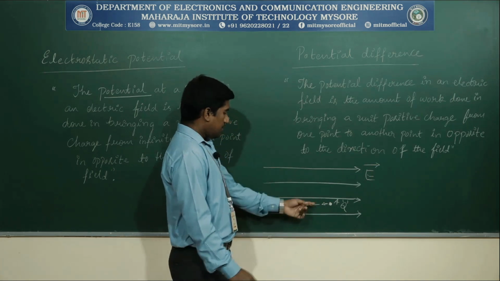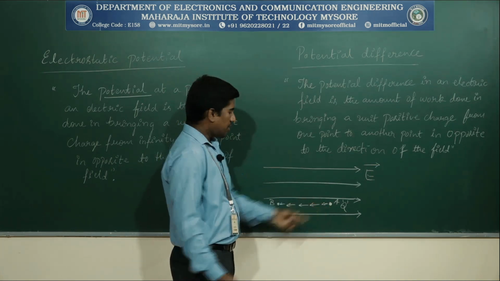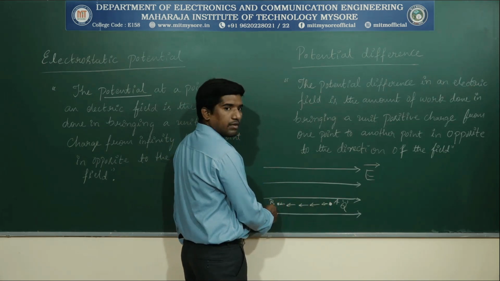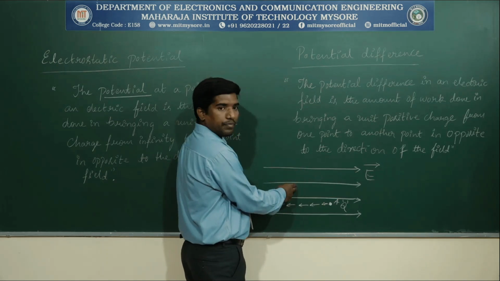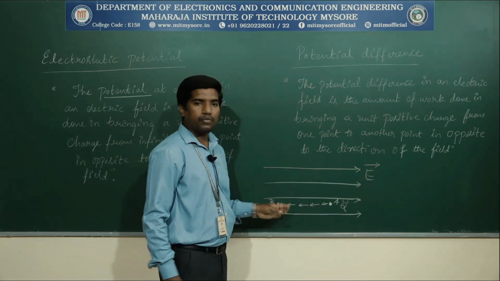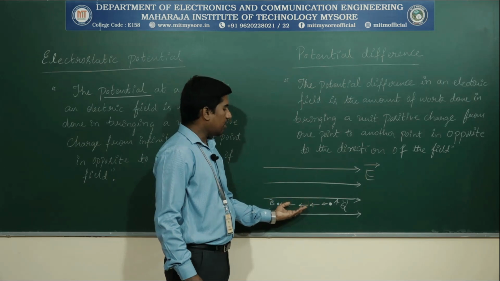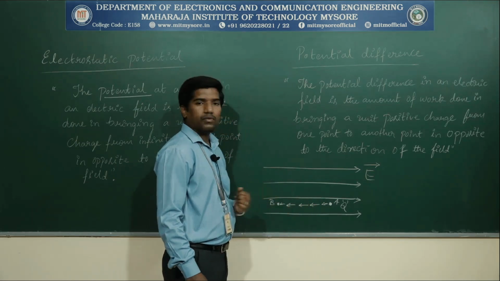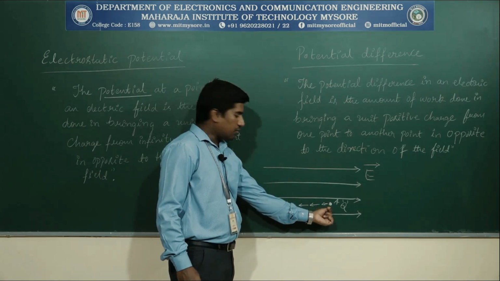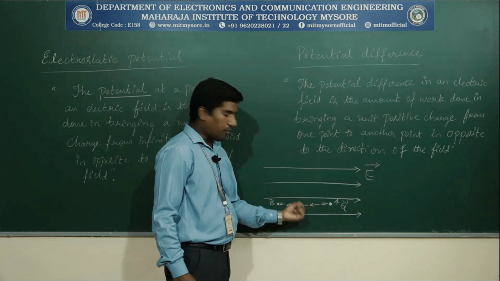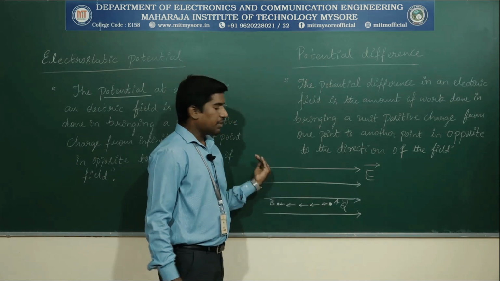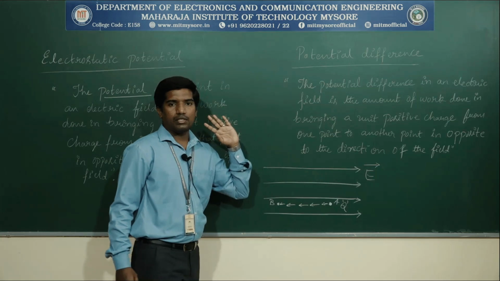So the potential difference is defined as moving a unit positive charge from one point to another in a given electric field, opposite to the direction of the applied field. The amount of work done is called the potential difference. That is what we are discussing here. Got it? Moving a unit positive charge from point A to B, the amount of work done to move the charge from A to B in the given electric field in the opposite direction is called the potential difference.